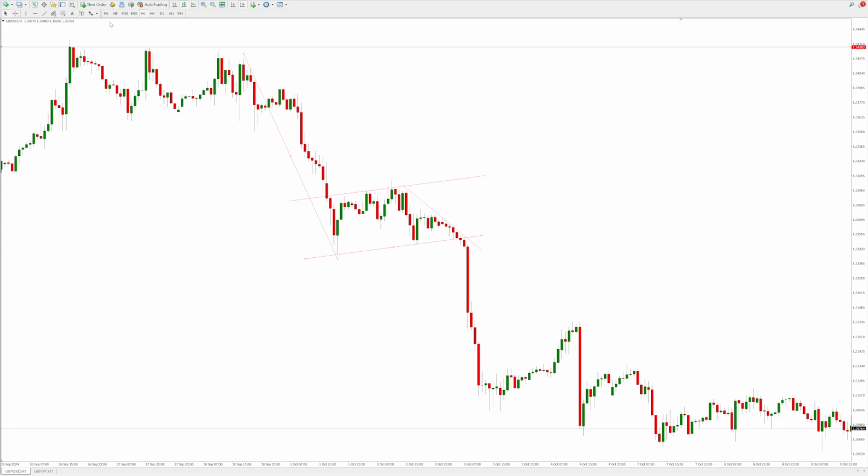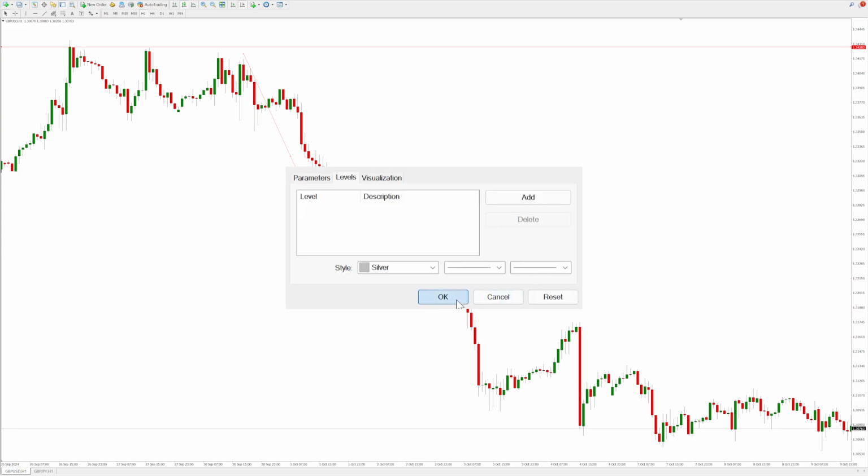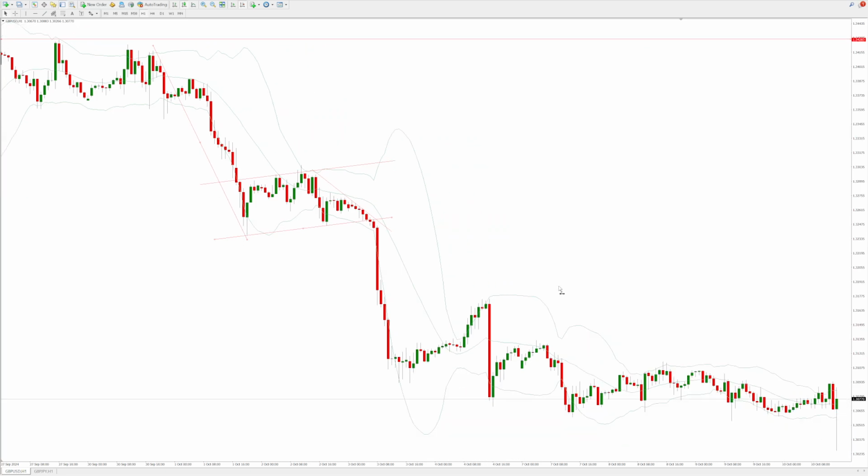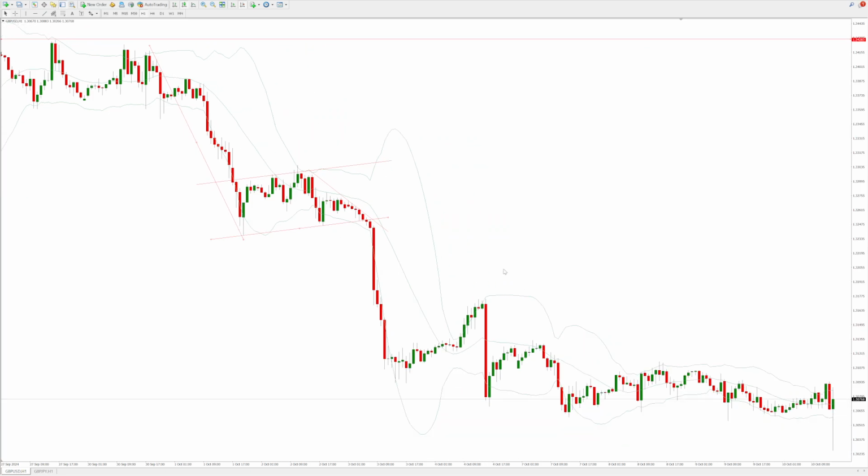You might want to use indicators to confirm for you. If we just put the Bollinger Bands on there, you would have seen a breakout of the bands around this point. Basically, you could have sold based on that. So there are many, many different ways you can enter into the trend once you've identified it, as we did here with the flag pattern.